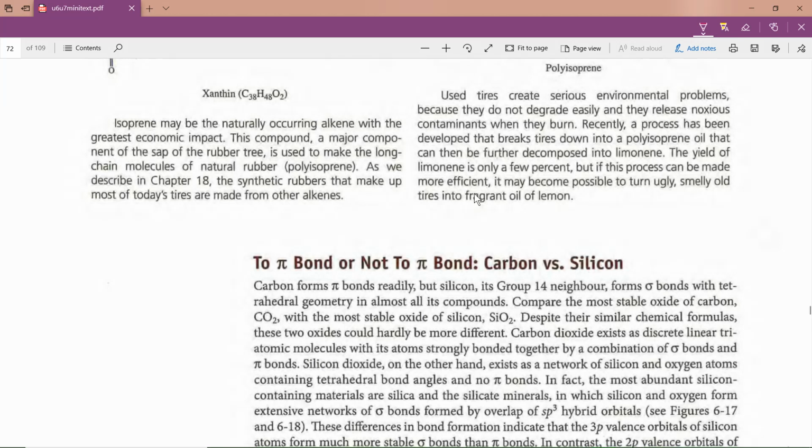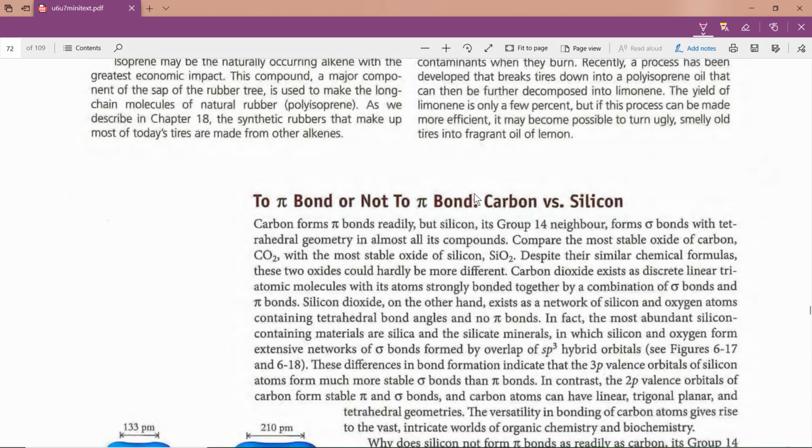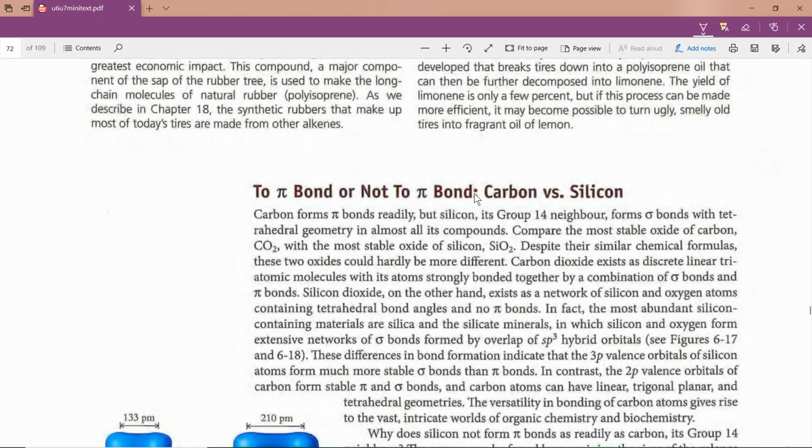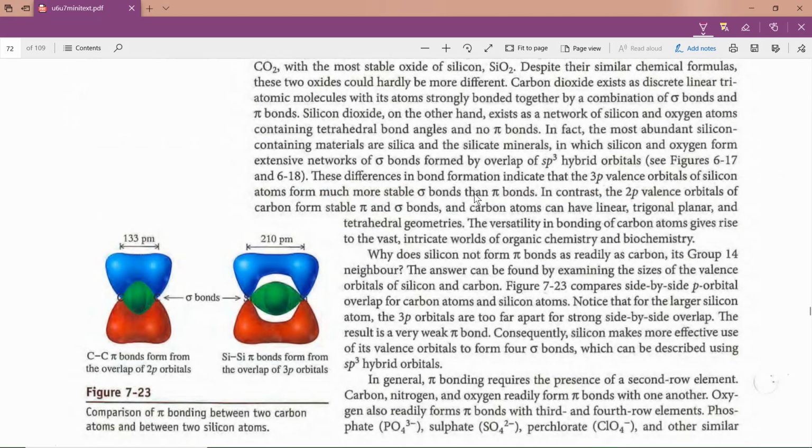Okay, an interesting question students sometimes ask. They say, well, if carbon can form double bonds, which means a pi bond, shouldn't silicon? Silicon's in the same group as carbon. And it can, it's just much less likely because the distance between the silicon nuclei is much larger than the distance between the carbon nuclei, so the pi bonds don't overlap as easily as they do with carbon-carbon.